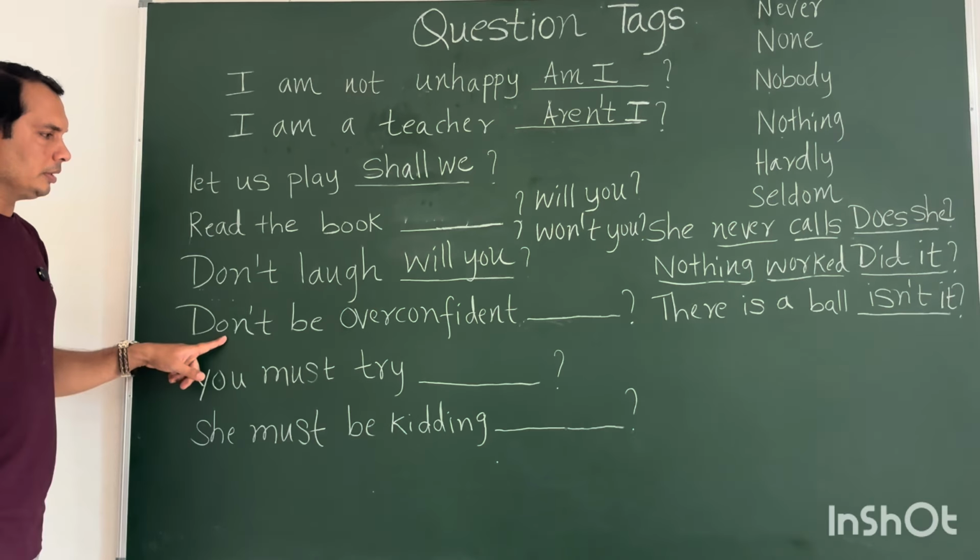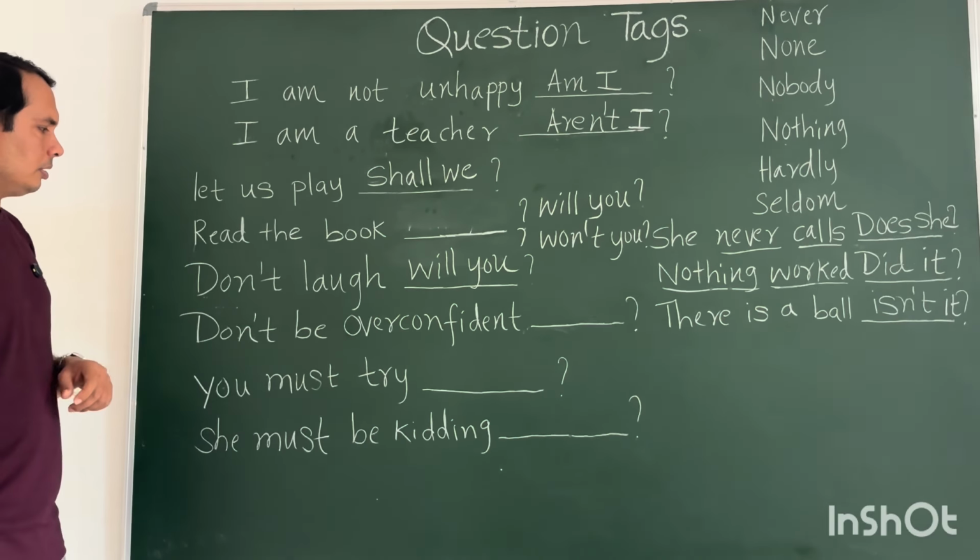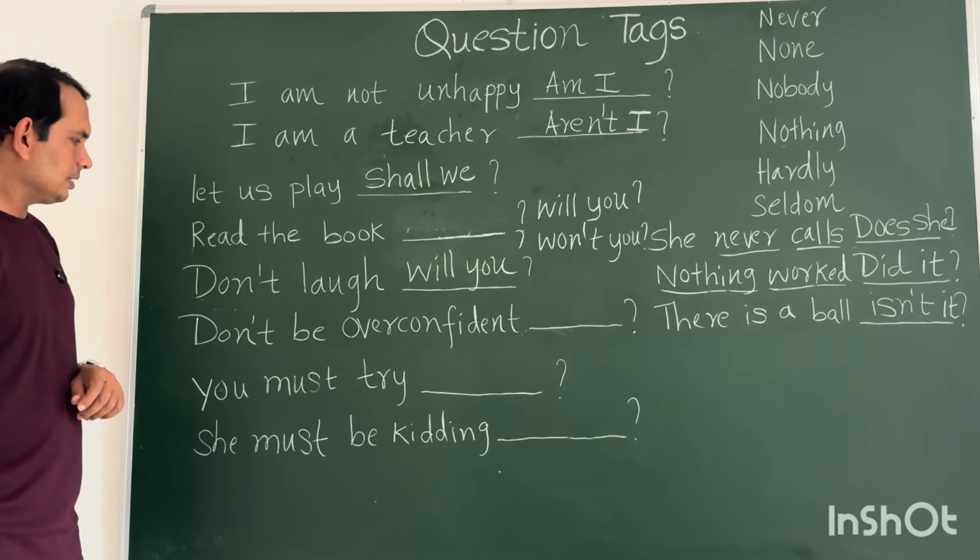Don't be overconfident. This is a negative sentence just like this one. Here also we write will you. Don't be late. Will you is the question tag. When you get such questions, you will have to write will you.